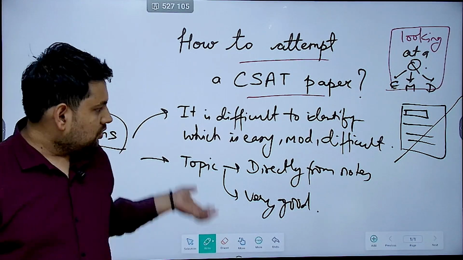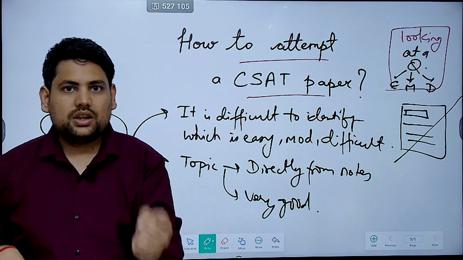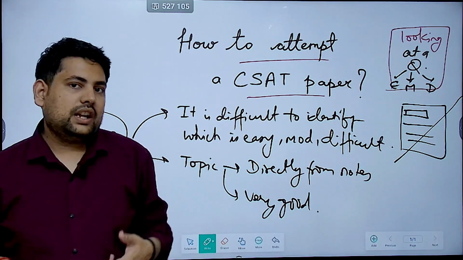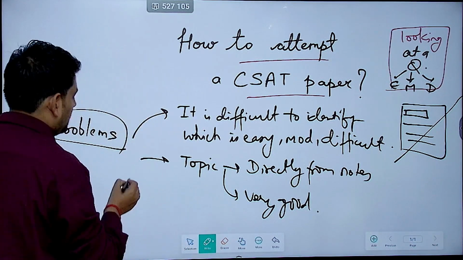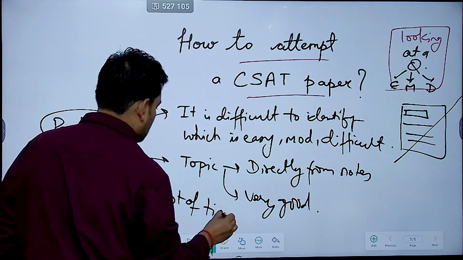Now what happens is that because a question remotely seems like it is from their notes or something they have done, students end up spending a lot of time on such questions.